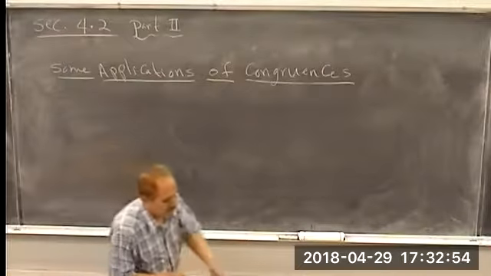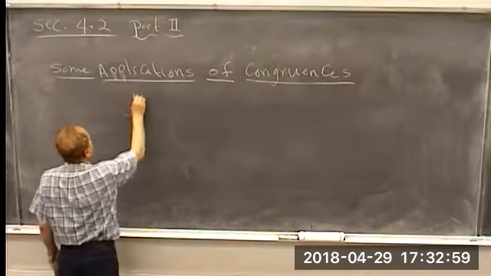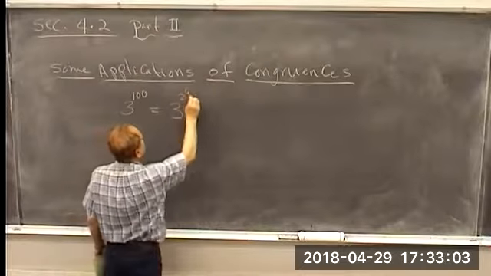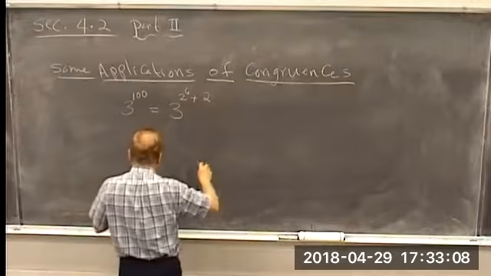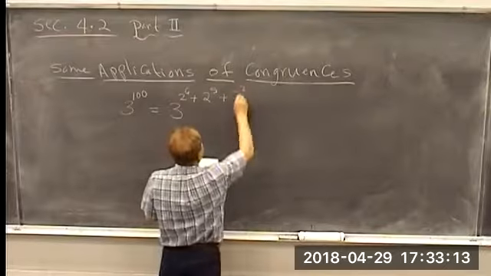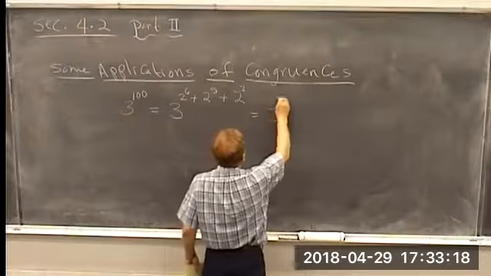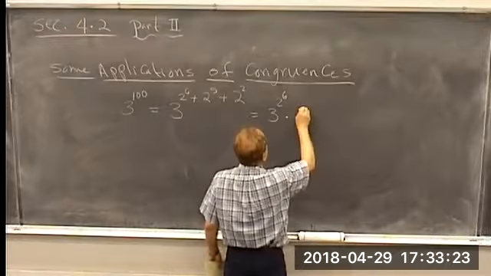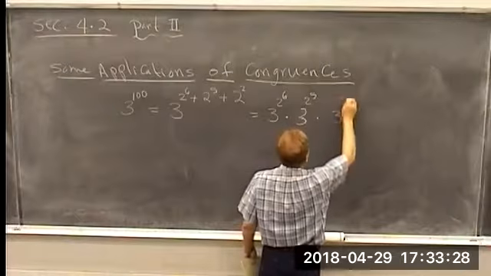So let me say that we can write this as 3 to the power 2 to the 6 times 2 to the 5 plus 2 squared. Also we can write this as a product of 3 to the 2 to the 6, multiplied by 3 to the 2 to the 5, and multiplied by 3 squared.